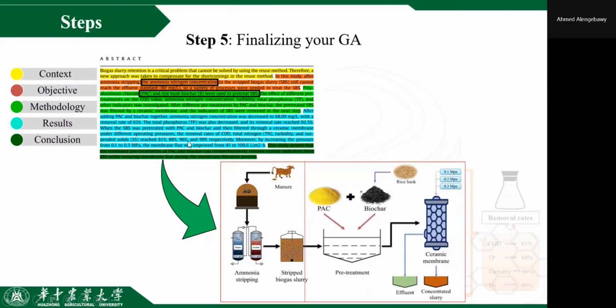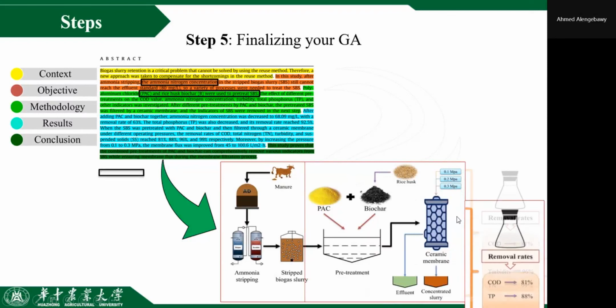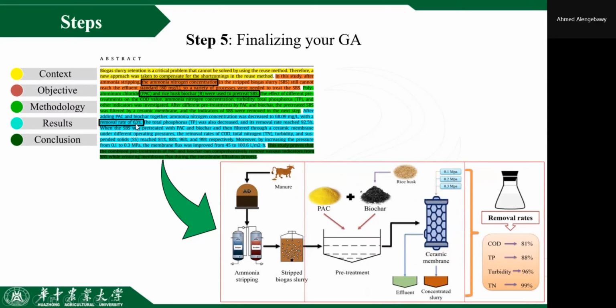The second one, from the methodology, is how to treat this ammonia nitrogen concentration. It was treated in this example by BAC, biochar, and membrane filtration. So it shows here what was used, the treatment process, and the membrane filtration, and finally the removal rates of this article.